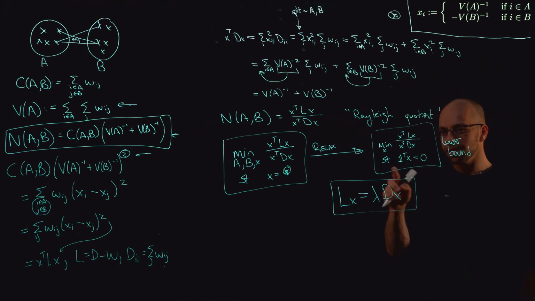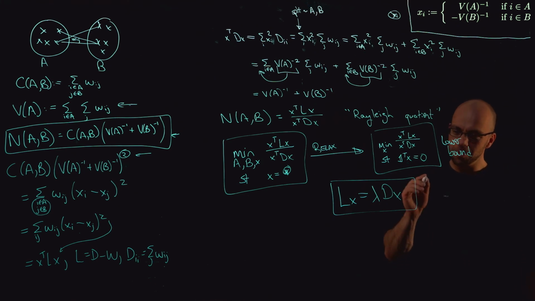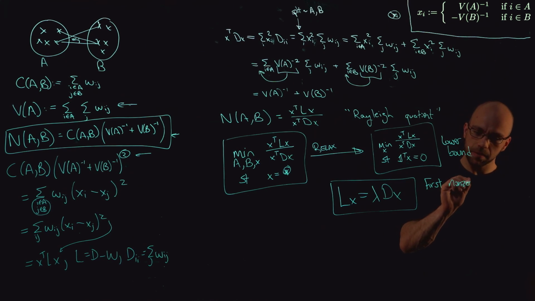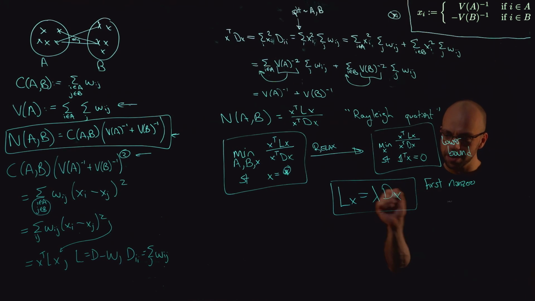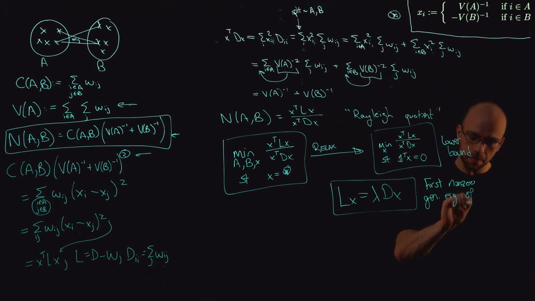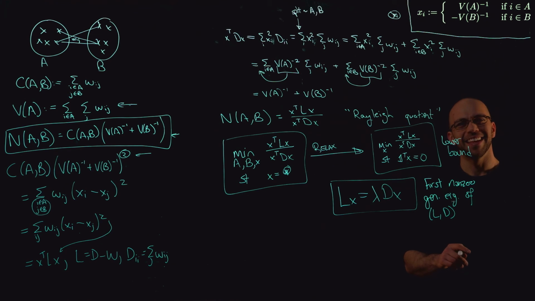But then it turns out that essentially there's a 0 eigenvalue in L. We know that because it's a Laplacian matrix. So essentially what we want is to find the first non-zero generalized eigenvalue of L comma D. And that, my friends, is the normalized cuts model.